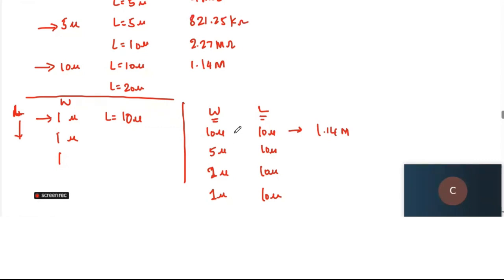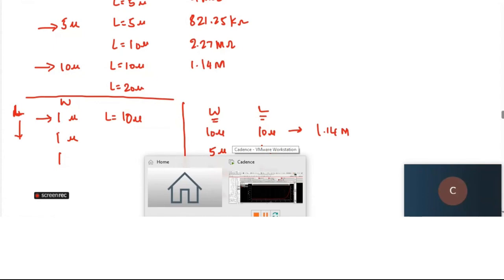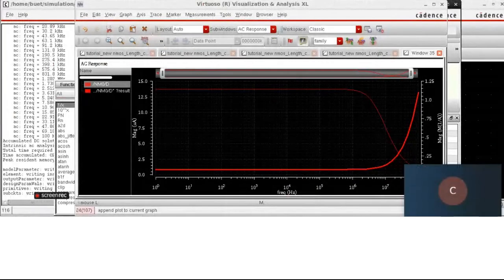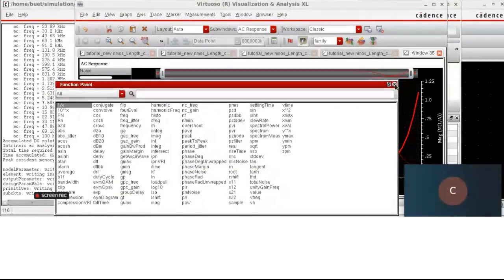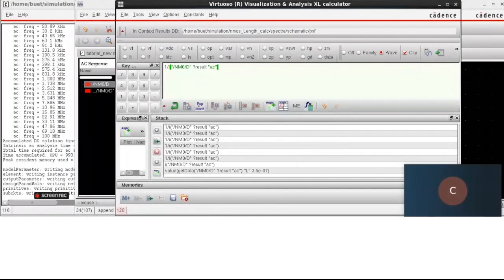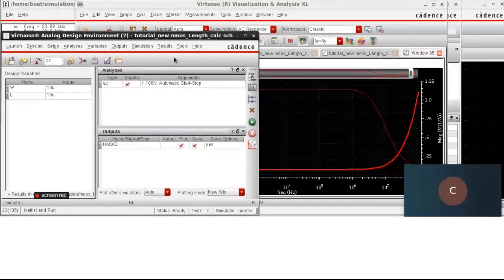We'll get the same result only. Let's try to do that. Let us first take L as 10 and W as 5.